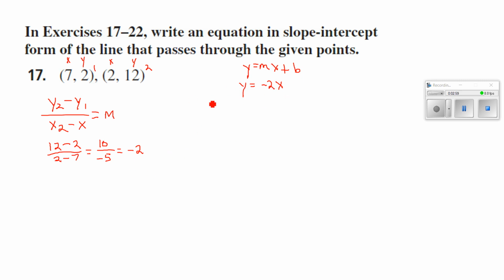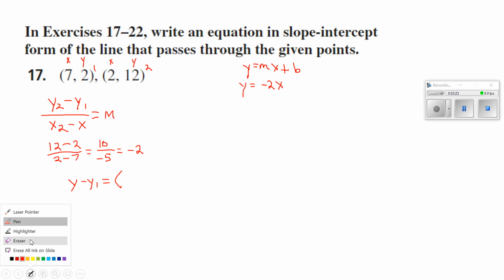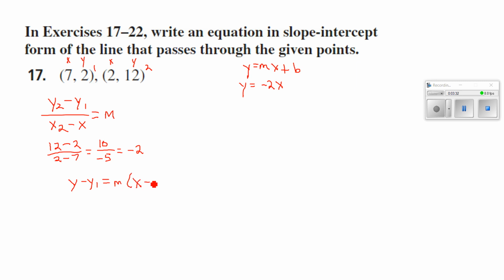I've got one of two ways to do this. I can either plug one of these equations back into this, or I can use my point-slope form. Okay, I'm going to use the point-slope form first. I'm going to try out, remember that's y minus y1 equal to, I'm sorry, that should have been my slope there, m times x minus x1.